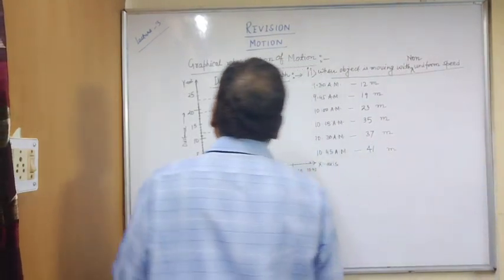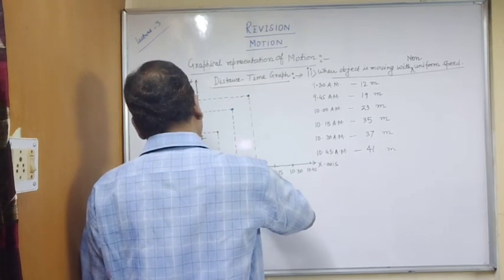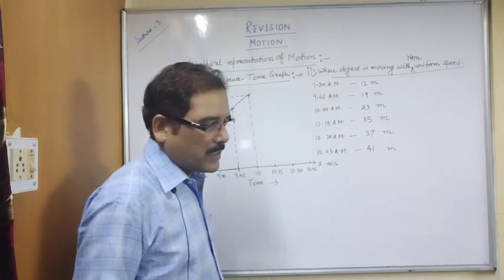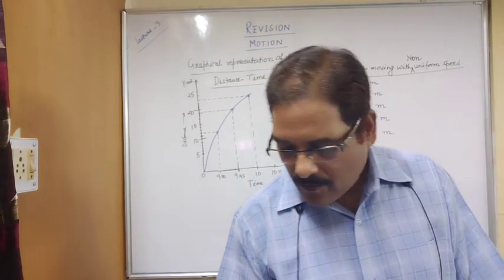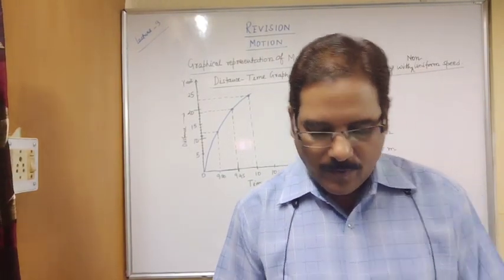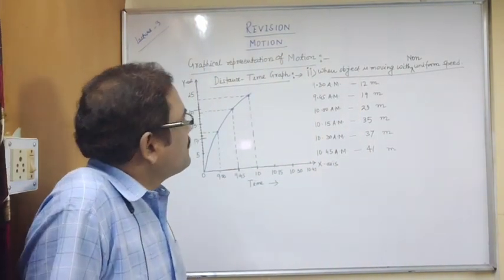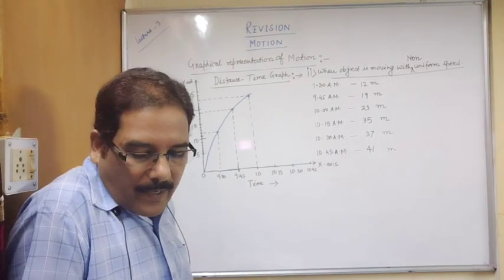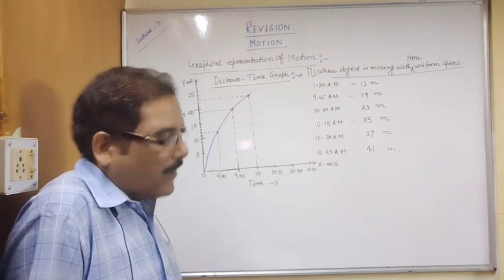So if you join these points, the graph will be like this, isn't it? Further it will change. So what it shows is that if an object moves with non-uniform speed, then the graph will be a curved line, isn't it? The graph will be a curved line.